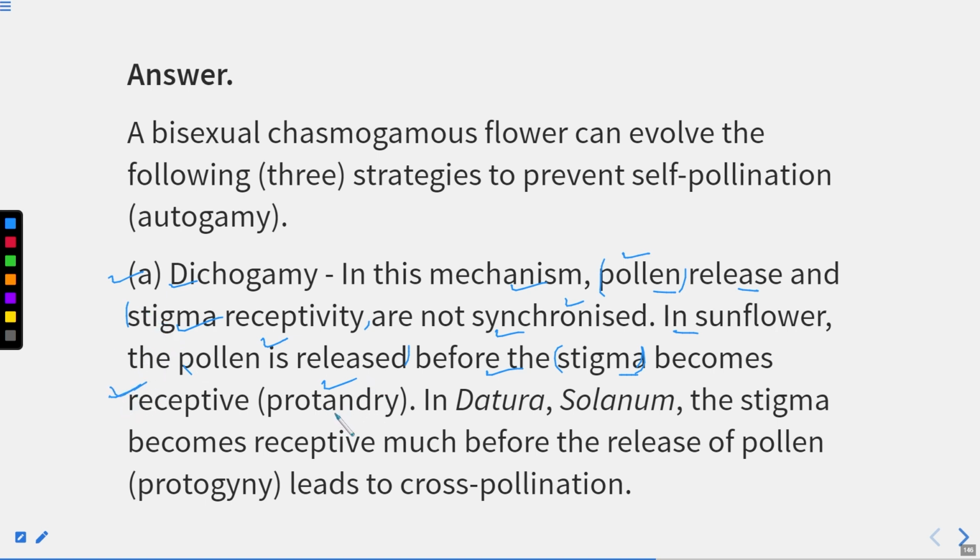But in Datura and Solanum, the reverse can happen. The stigma becomes receptive much before the release of the pollen. This is known as protogyny, as gyne is related to the female reproductive part. Here the stigma becomes receptive, but the pollen is not released. So there is no synchronization, and this leads to cross-pollination.